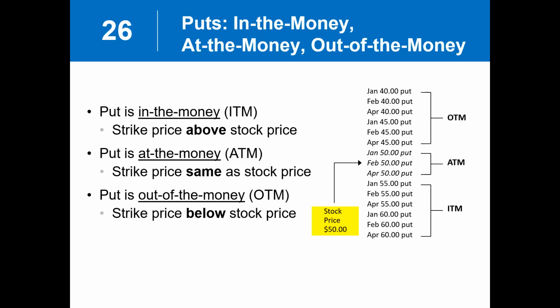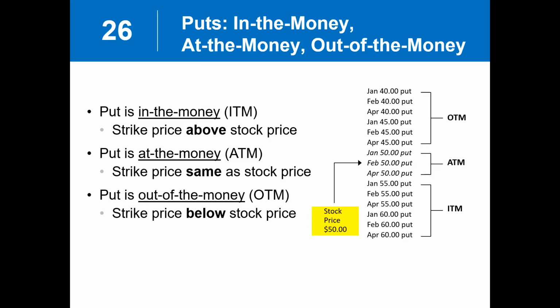So the 45 put represents the right to sell stock at 45. The 40 put represents the right to sell stock at 40. So those puts, the terminology there would be they're out of the money. So that's calls and puts, in the money, at the money, and out of the money.